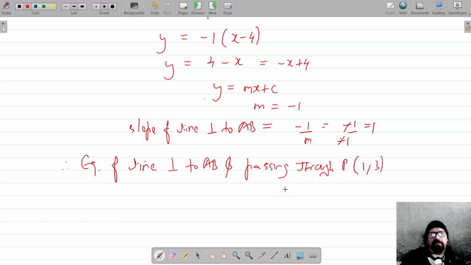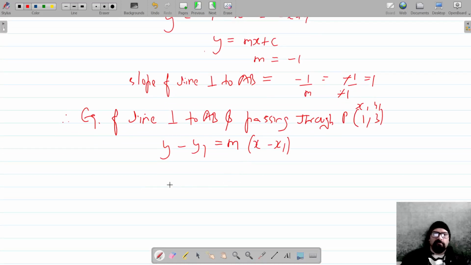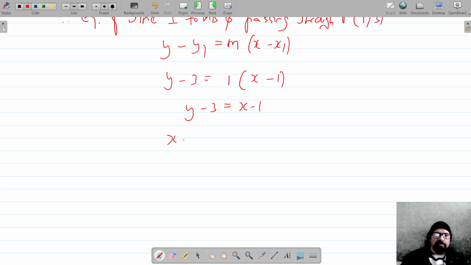So the equation of that line is given by y minus y1 is equal to m into x minus x1, where these are x1, y1. So y minus 3 is equal to m, the slope is 1, into x minus 1, which gives me y minus 3 is equal to x minus 1. This can be written as x minus y plus 2 is equal to 0.